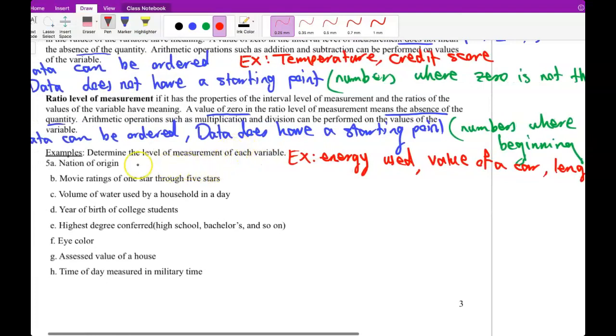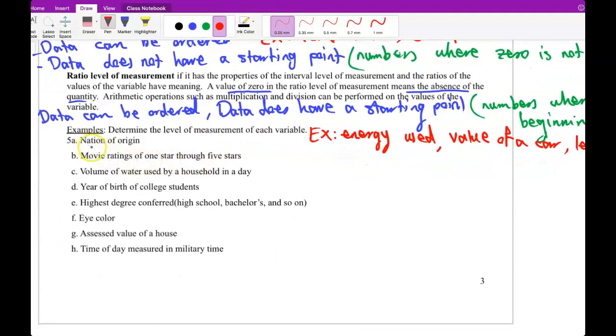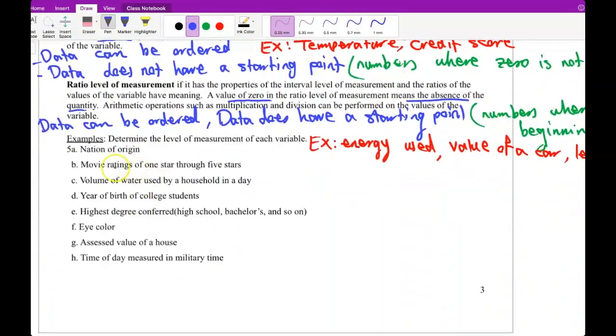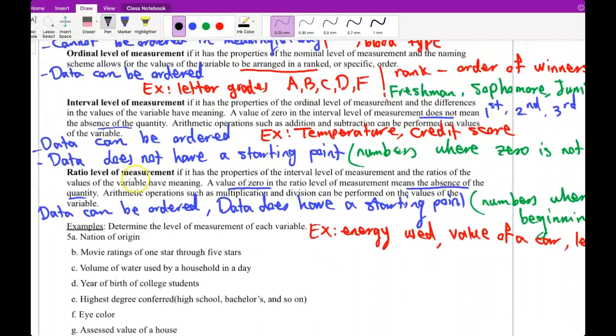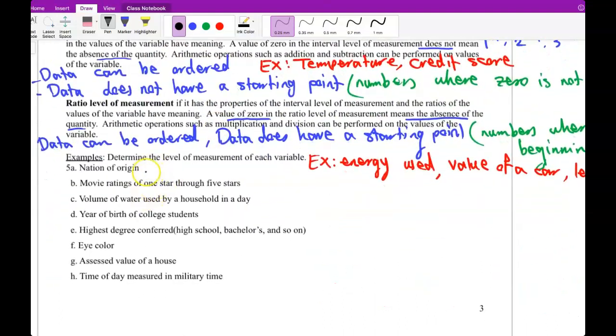Now example 5, determine the level of measurement of each variable. The first one is nation of origin. This cannot be ordered, so this is nominal. We have names, so this is nominal.